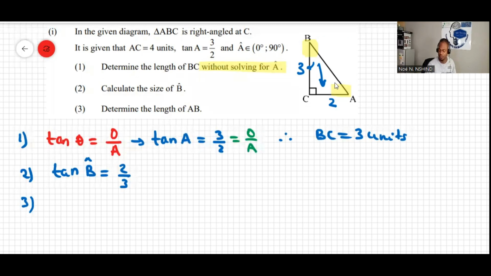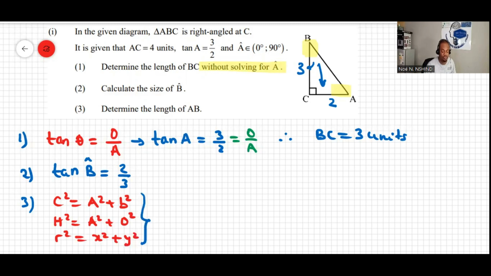According to Pythagoras, c squared equals a squared plus b squared, or if we want to use h squared, the hypotenuse squared equals adjacent side squared plus opposite side squared. Sometimes they write it like r squared equals x squared plus y squared.